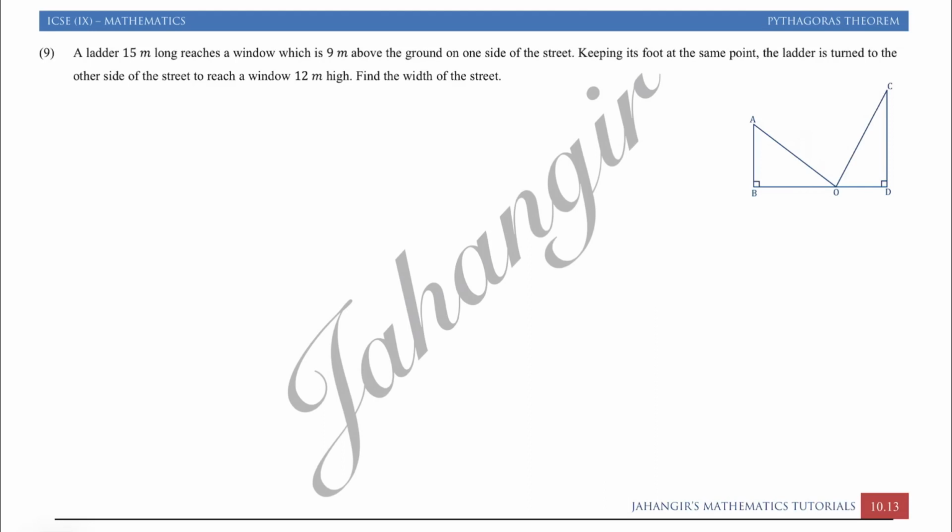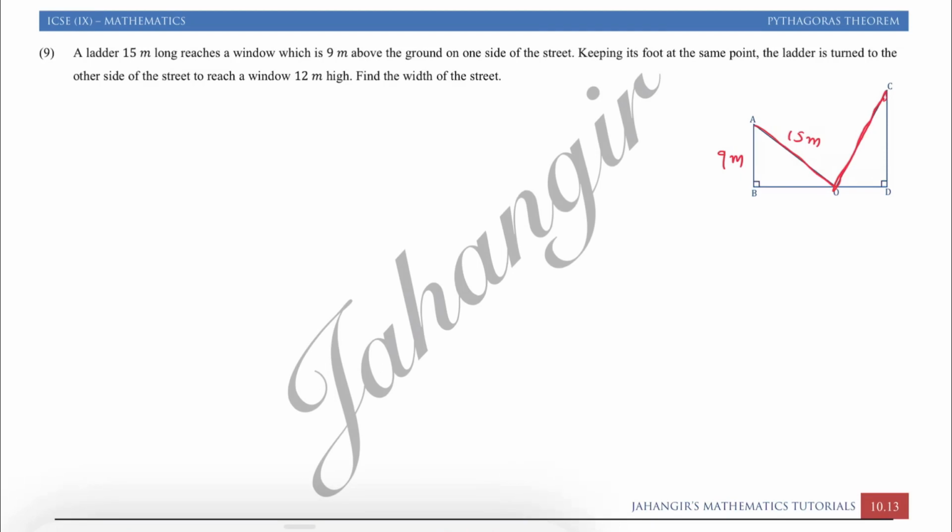Ninth question. A ladder 15 meter long reaches the window which is 9 meter above the ground. See, this part represents a ladder. Let me draw it with red line. These two are the same ladder, the same length. So the first ladder, 15 meter long, reaches a window which is 9 meter above the ground on one side of the street.